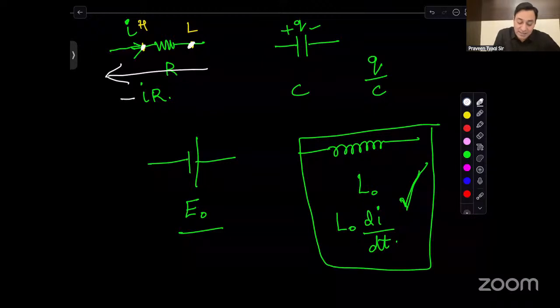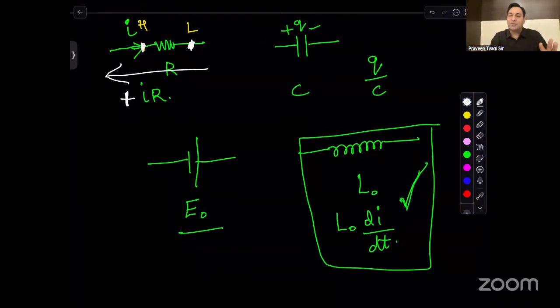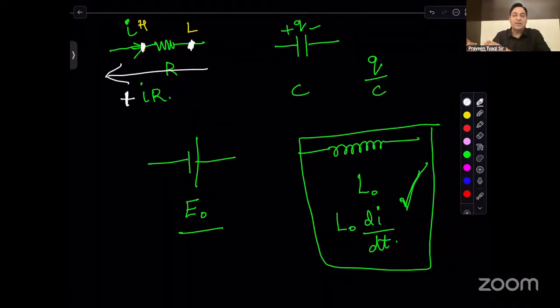In that case, I am going from lower potential to higher potential. For the same IR, I'll write plus IR. So you should know in which case you will write plus IR and in which case minus IR. This clarity every child should have. Then only you will be able to write the equations and solve the questions, whether it is electric current, capacitance circuits, or any circuit.